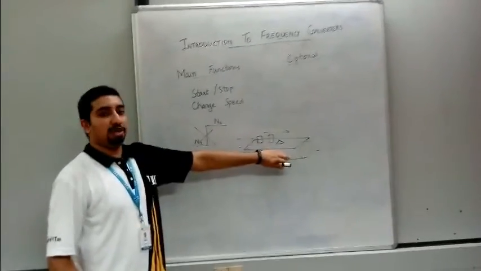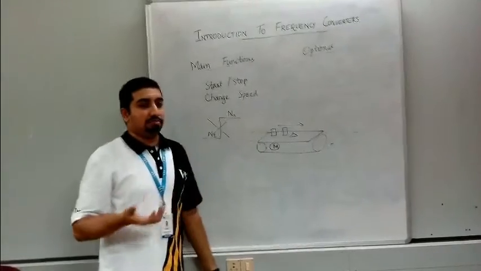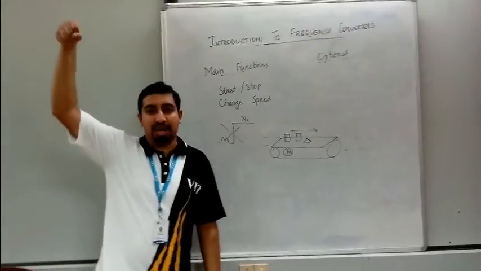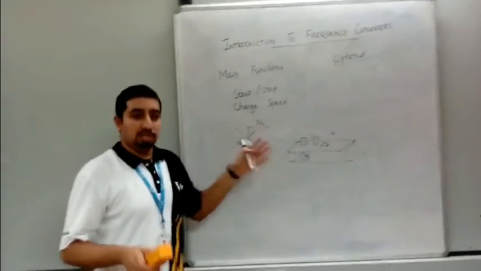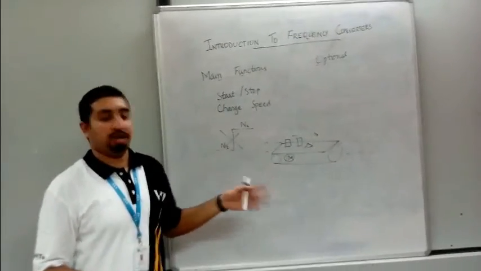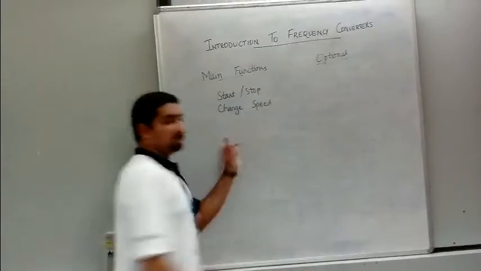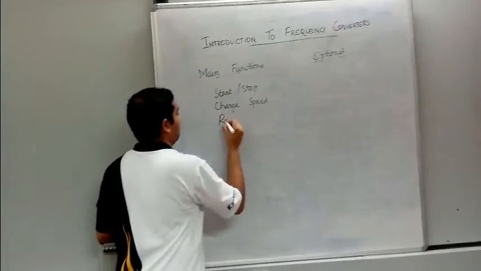This is not only applicable here, but in case of say hoist, where we have cranes that lift equipment from bottom and take it to another level. Even in such cases, if there is a sudden change of speed allowed like this, it is possible that there is a breakage of any component. So because of this, this entire scenario of sudden change of speed is not acceptable. Therefore, we have something called ramping.